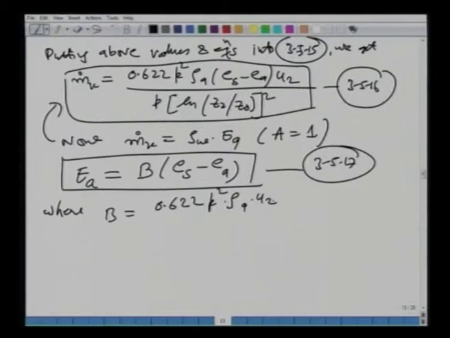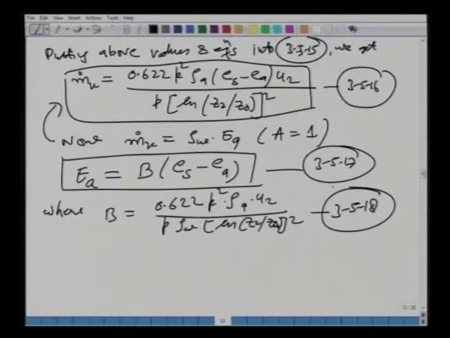Okay. So, it is taking care of the wind velocity, the density, lots of the factors, over the atmospheric pressure, rho_w, and natural log of your Z2 over Z0 whole square. Okay. And we say that this is 3.5.18.